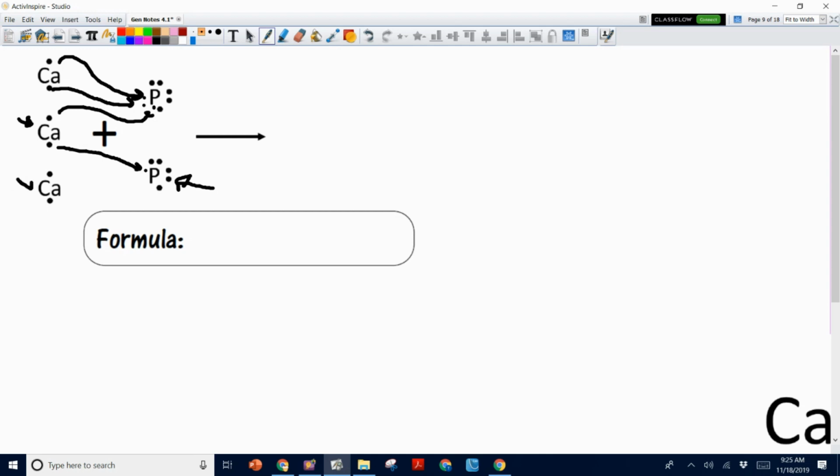So we draw another calcium. Okay, and this dot will go here, and this dot will go here. Okay, so that gives you 8 around phosphorus, and now we have run out of electrons on the calcium side. Both of those phosphorus have 8 dots around them, so that's going to be 3 calciums plus 2 phosphorus.